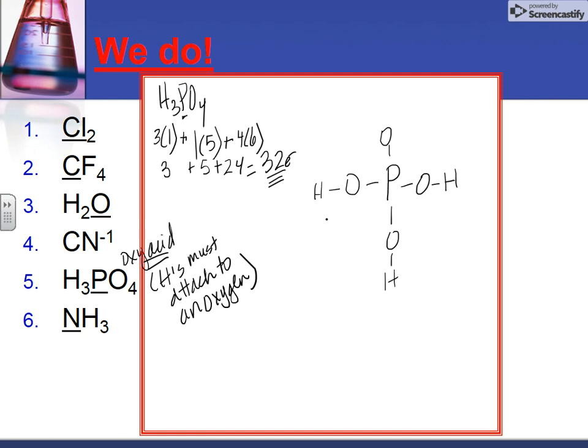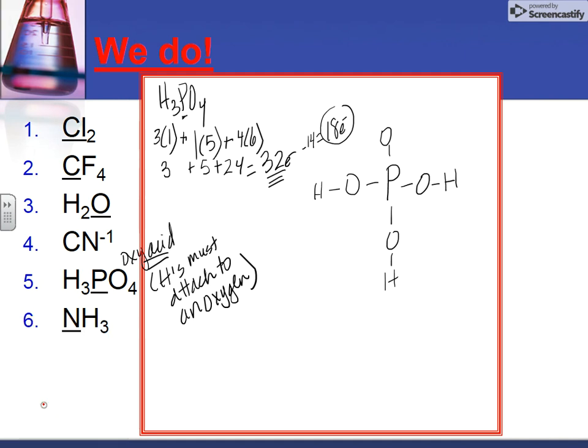So now I put my 3 hydrogens out. All atoms are connected with a dashed line, which is 2 electrons per dashed line. So 2, 4, 6, 8, 10, 12, 14 electrons. 32 minus 14 leaves you with 18 electrons you still have to place.